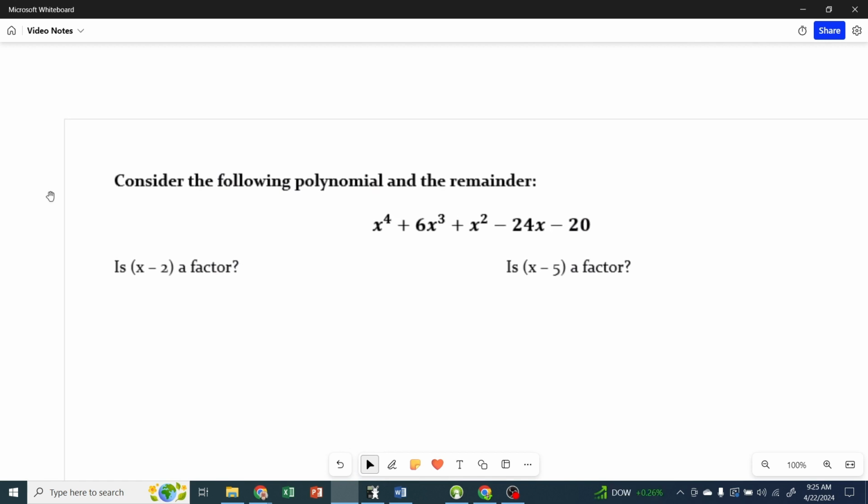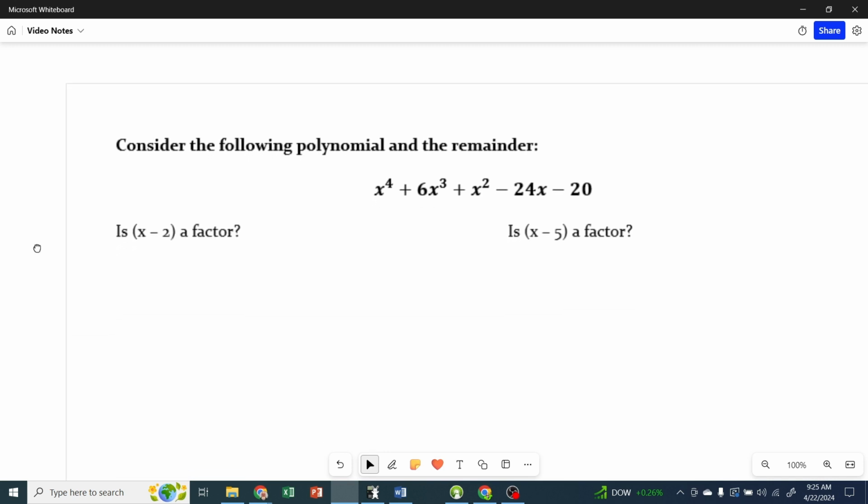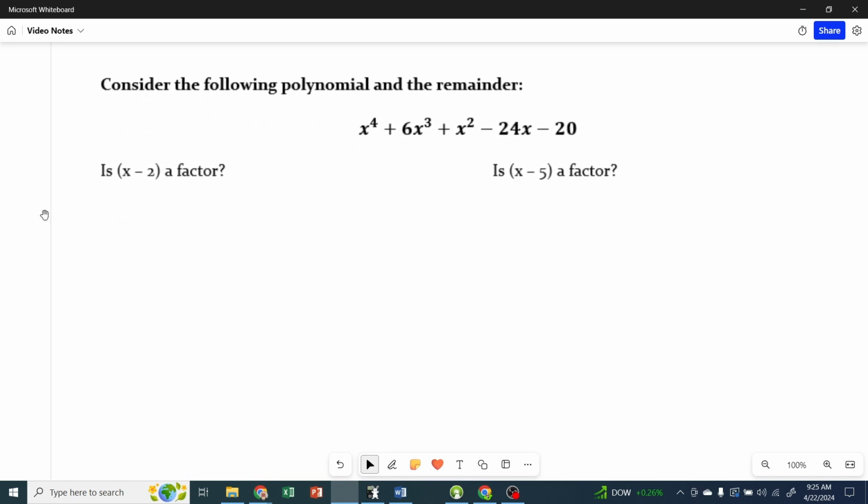Okay, so we have a polynomial here now, and they ask questions such as, is x minus 2 a factor? So the easiest way to decide this is to do polynomial division.